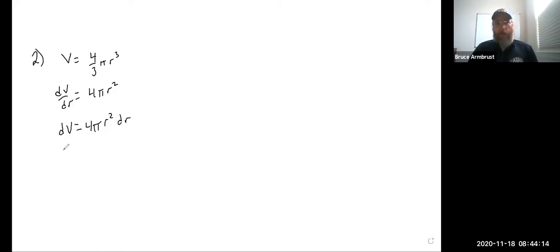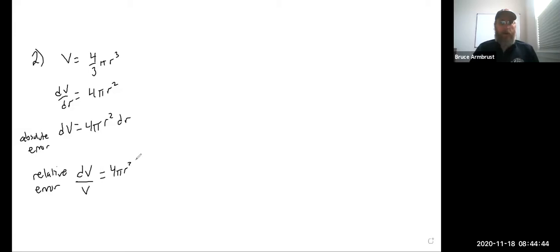Now I'm actually going to do one more step before I plug stuff in. Since this is the absolute error, but what I want is relative error. And so for the relative error, that's going to be dV, that error that we just found here, but divided by the true amount.